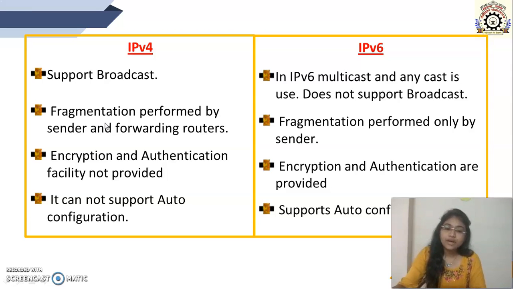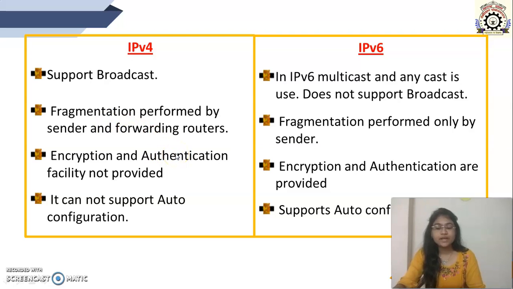But in the case of IPv6, fragmentation is performed only by the sender. So, if the fragmentation process is required, the fields related to it are included in the fragmentation extension header of the IPv6 format.